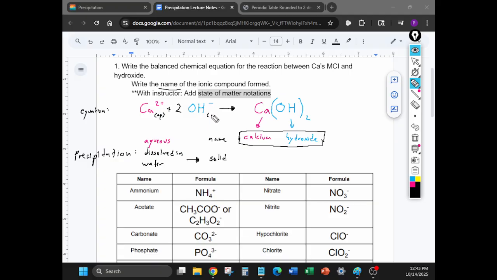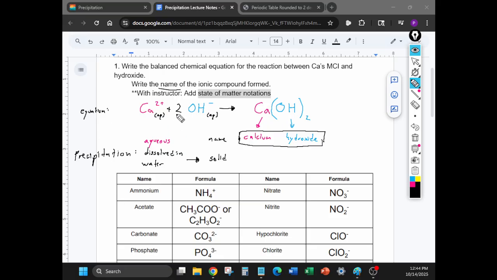For this unit, this lab and this upcoming test, the left side of the equation will both be AQ because we're only working with ions. Later, you'll see other states of matter here, but just to make it easy, everything will be AQ on the left side of the equation for this unit.